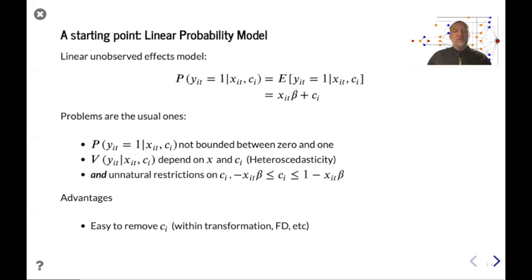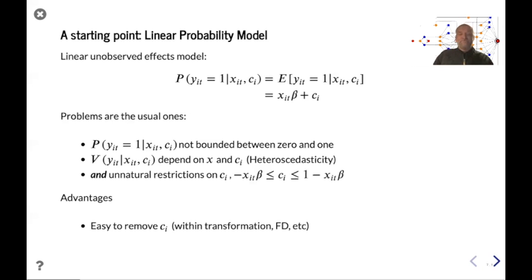You also have a problem with heteroscedasticity. I've not written it up here, but the conditional variance is essentially X_it beta times 1 minus X_it beta plus the unobserved effect. The bottom line is that it depends on the explanatory variable, so you have heteroscedasticity.